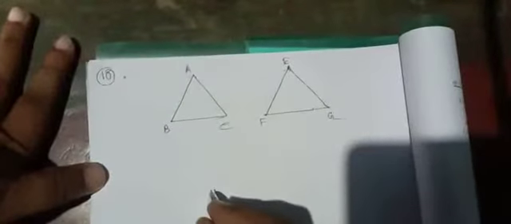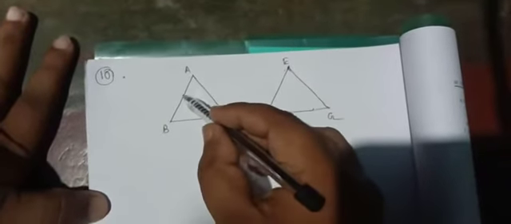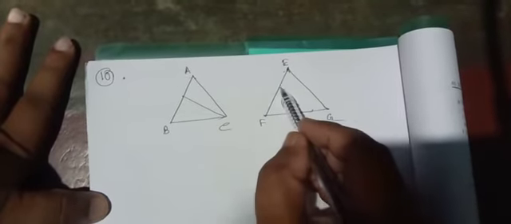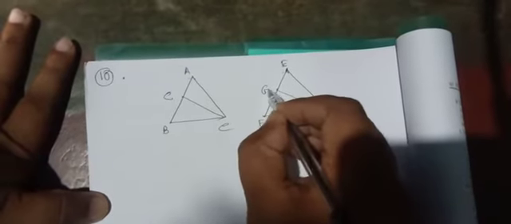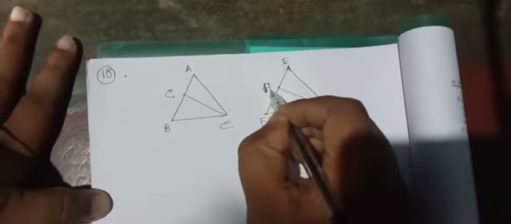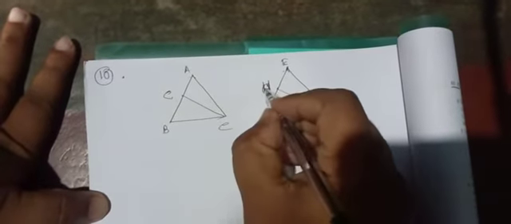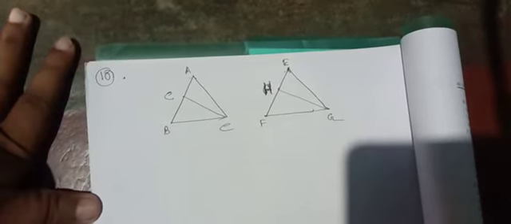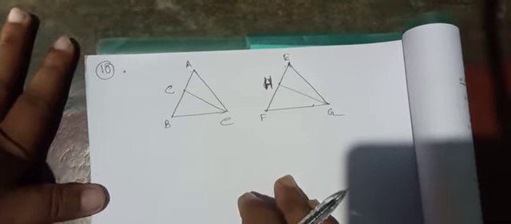Next we draw CD, and next GH. This is H. This is the bisector.